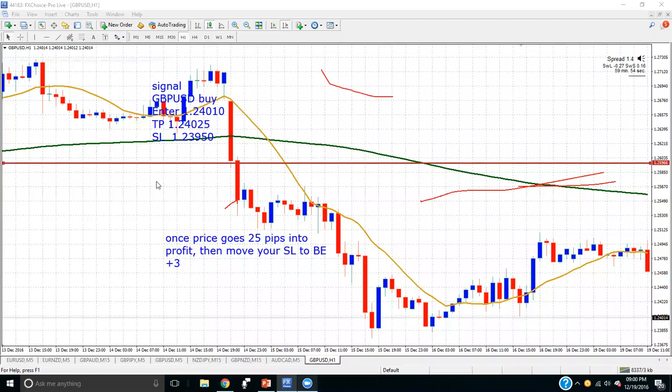Your levels are 0. Your style is your color. When you select style, pick your color, and then pick 4 pixels. Then hit save and done. Now you have your 200 moving average. This is your major cross. When the price is above it, buy; below it, sell.